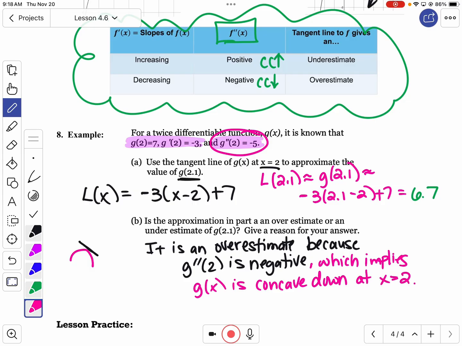You do not have to put that part in pink. The justification is that the second derivative is negative because that's what they gave me. So you can't put words into the problem's mouth. We're going to run into that a lot in the next unit, where we have to justify based on what I'm given. Make sense? All right, yay.